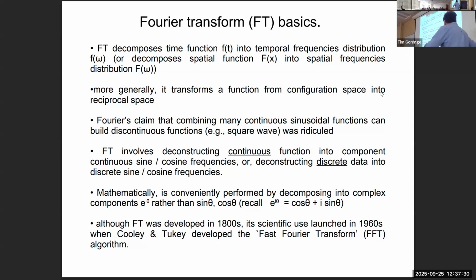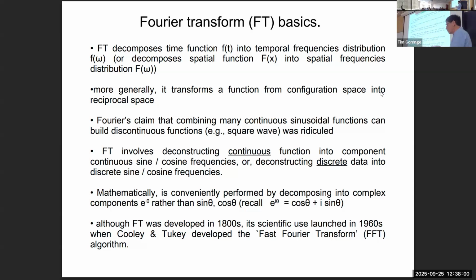So one of the features of Fourier analysis or Fourier transforms is that there are two distinct types. One is when you've got continuous smooth functions, some analytical function, and you decompose it into a series of continuous smooth sine waves.